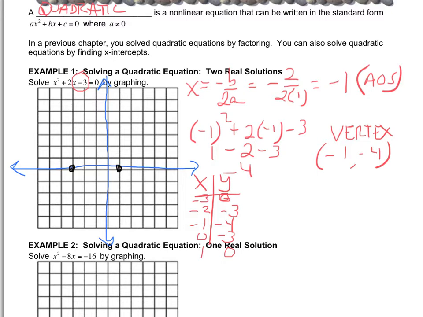I have negative 1, negative 4 as my vertex. And we also said we had 0, negative 3, and negative 2, negative 3. So there are my 5 points. And then I can draw my curve through those points, and that is the graph of x squared plus 2x minus 3.